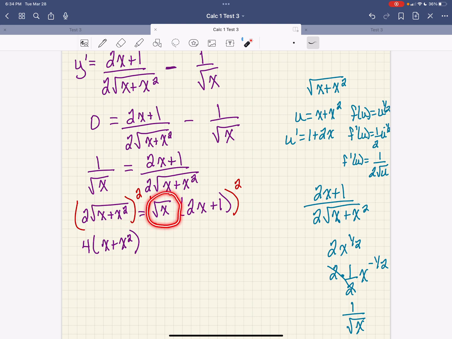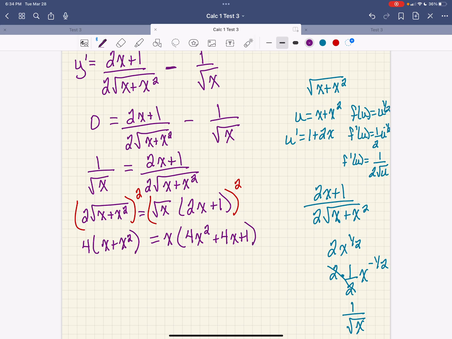When I square this side, square root of x squared is going to give me x, but I have to square 2x plus 1, and I do have to FOIL that. When I FOIL 2x plus 1 times 2x plus 1, because that's being squared right here, I end up with 4x squared plus 4x plus 1.